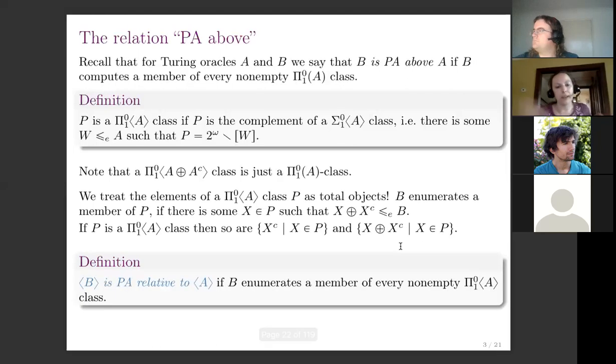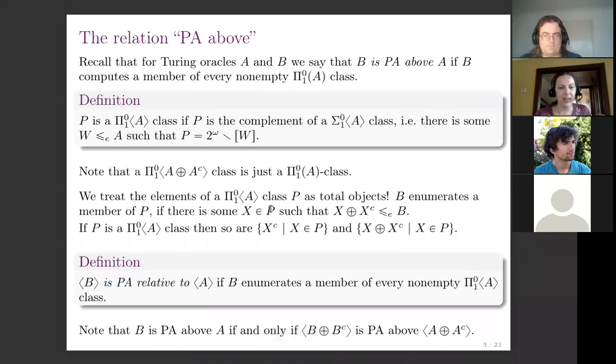Okay, so finally we can give our definition. B treated as an enumeration oracle is PA relative to A treated as an enumeration oracle if B enumerates a member of every non-empty Π⁰₁ relative to the enumeration oracle A class. It follows that this relation extends the relation PA above when we switch from Turing oracles to their enumeration degree representation.